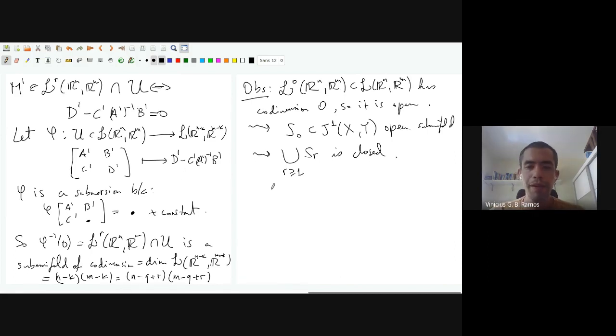Okay, so now let's talk about immersions. So here's a lemma. Suppose n is less than or equal to m.